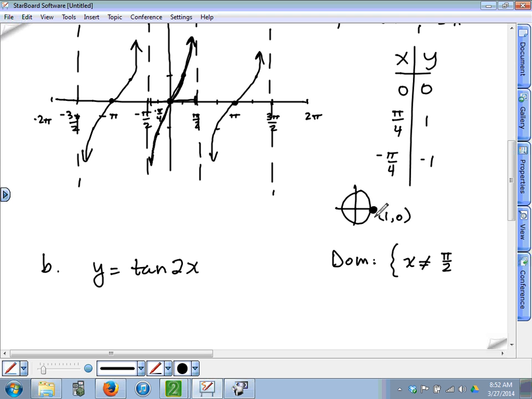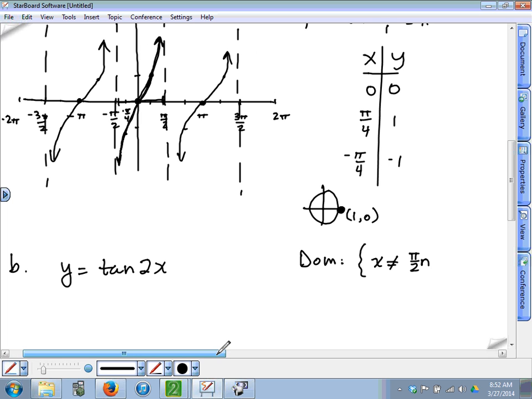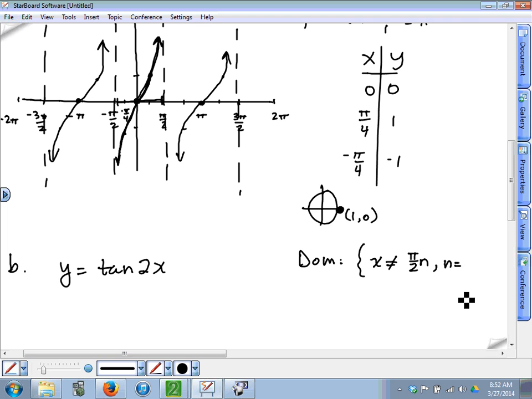Okay. We already have x here representing our input, so let's not use x. Let's use n. It's actually more typical in most textbooks to use n. X does not equal pi halves n, where n equals a whole number. What if n equals 1? What do we get here? Pi halves. What if n equals 2?